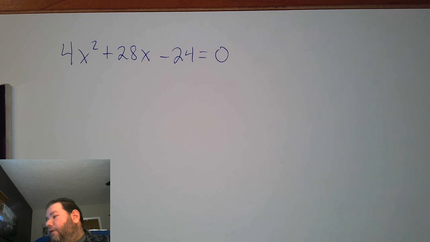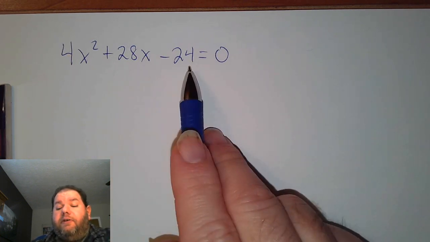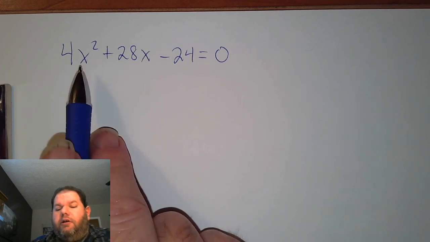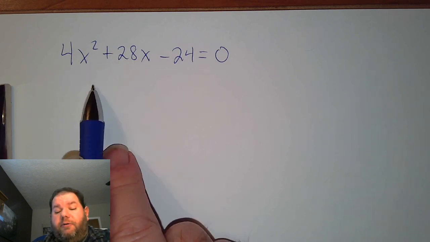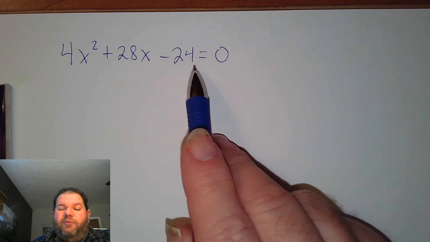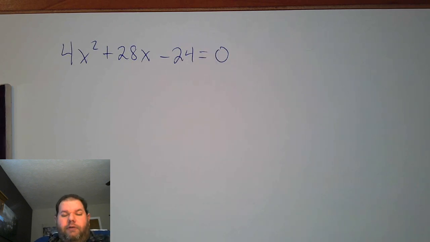Remember, we can only take out something if all three terms have that in common. We definitely can take a 4 out, because all three of these numbers are multiples of 4. But just 4. The reason we don't want to do x is because there is no x in this third term. If it was just the first two terms, we could absolutely take out 4x. We don't want to do that with 24 though, because there is no x there to begin with.